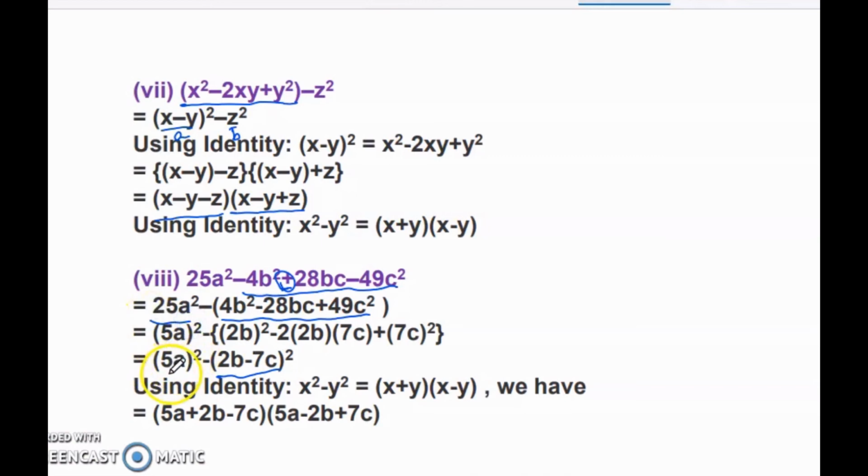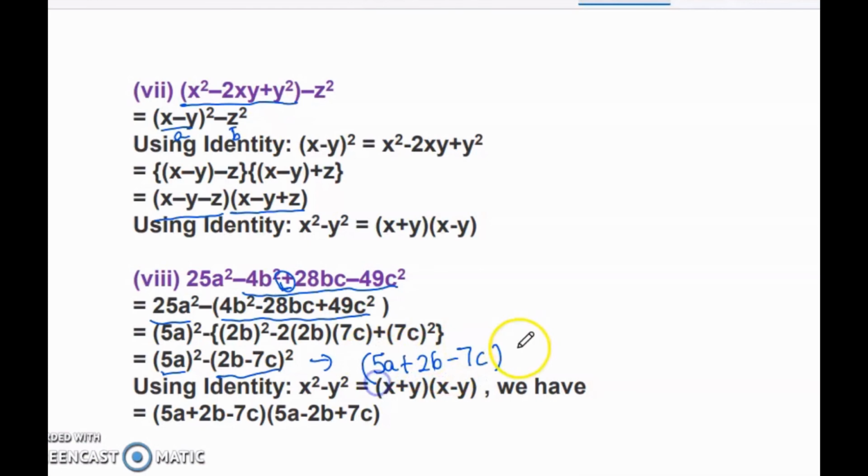25a square, our first term, this has been written as 5a the whole square. So further, we can factorize this using the identity a square minus b square, where a will be 5a and b will be 2b minus 7c. So when we do that, we will get it in the form a plus b into a minus b. So this can be written like this: 5a plus 2b minus 7c.